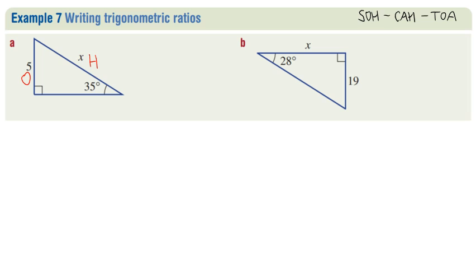So if I've got O and H, that's going to be sine. And my next triangle, I'm going to label it. If I put my finger on the angle, I won't touch the opposite side, so this is opposite. The hypotenuse doesn't have any information, and this is the adjacent side. So O and A, that is tan, TOA.